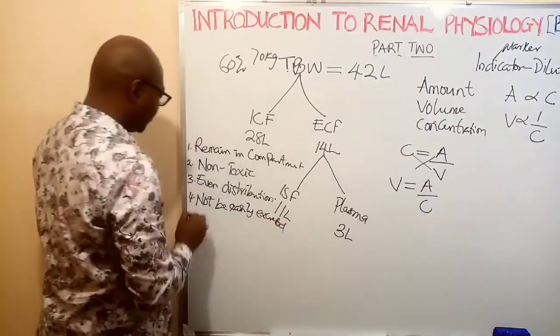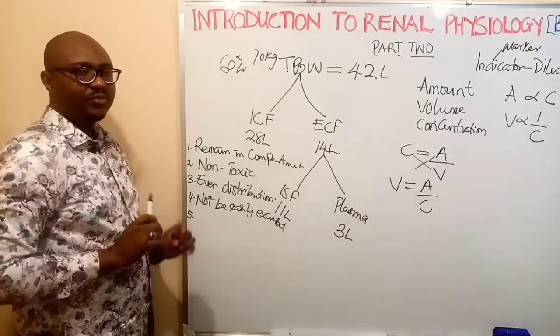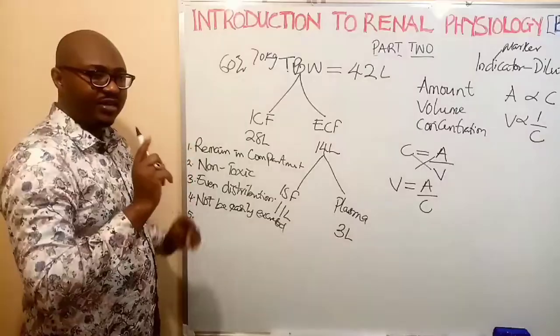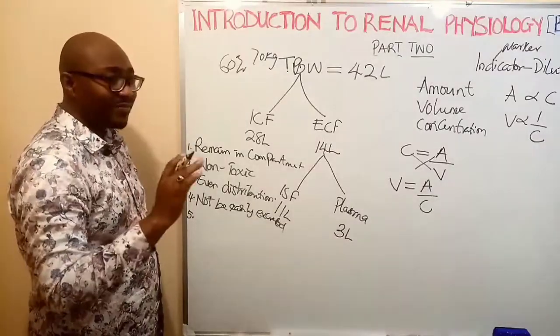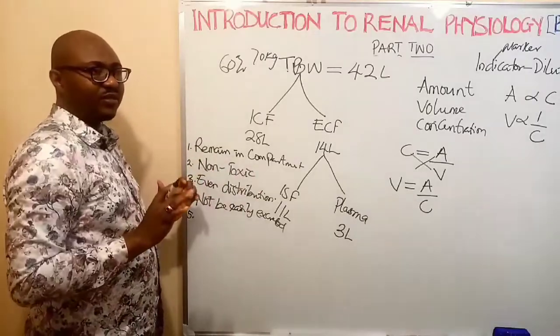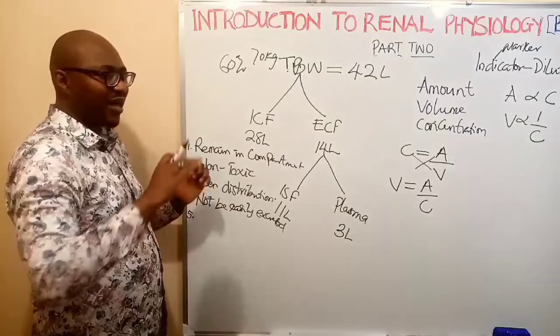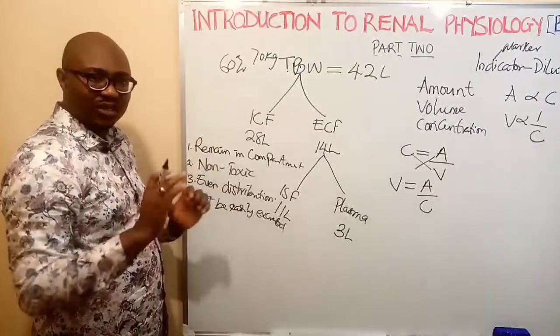Then another major, very, very important property and criteria it needs to fulfill is that it should not be metabolized. It simply means it should not be transformed into something else. Maybe some enzymes in the body will act on it and change it into another substance. You will miss what you're trying to get.